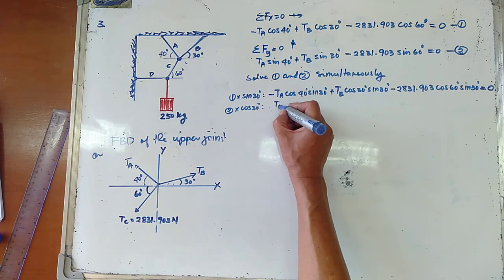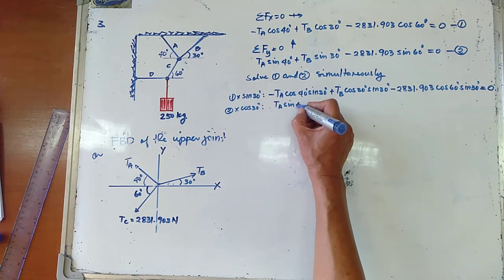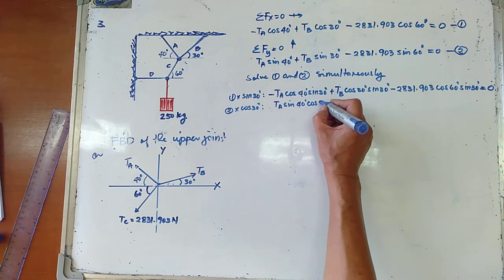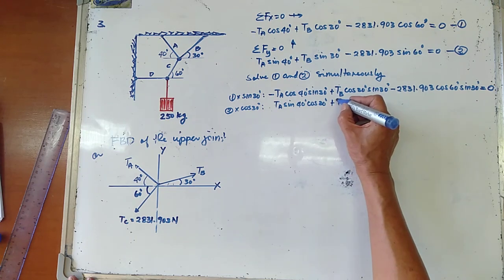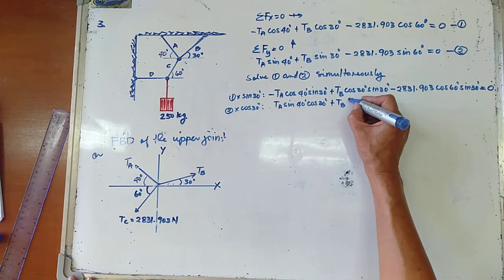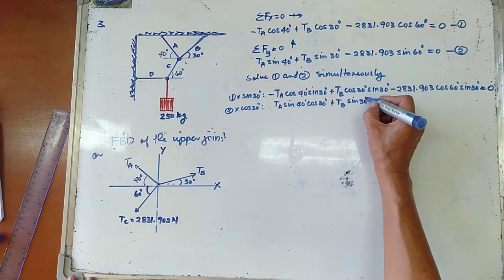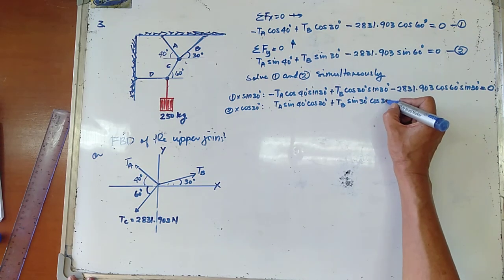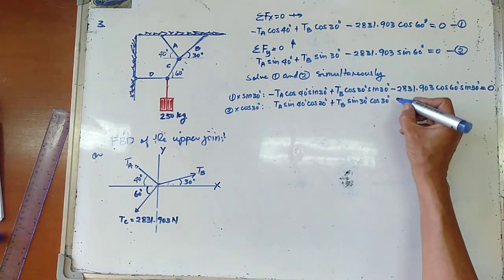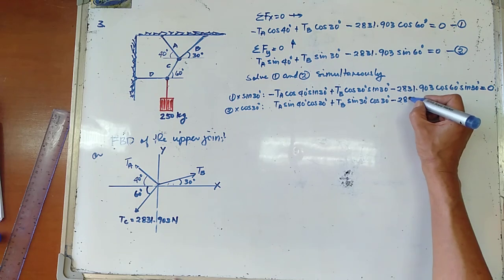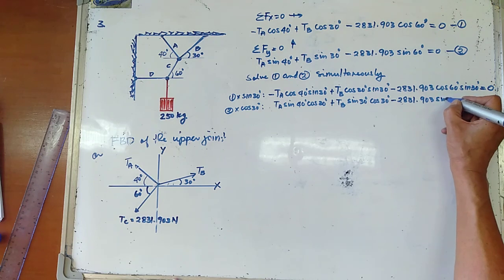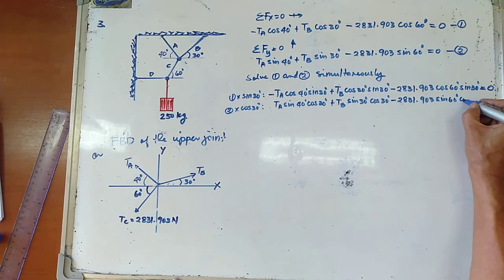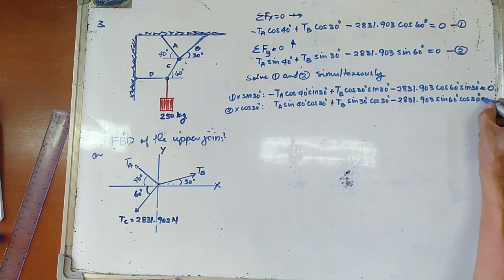So that is TA sine of 40 degrees cosine of 30 degrees plus TB sine of 30 degrees cosine of 30 degrees minus 2831.903 sine of 60 degrees cosine of 30 degrees is equal to 0.